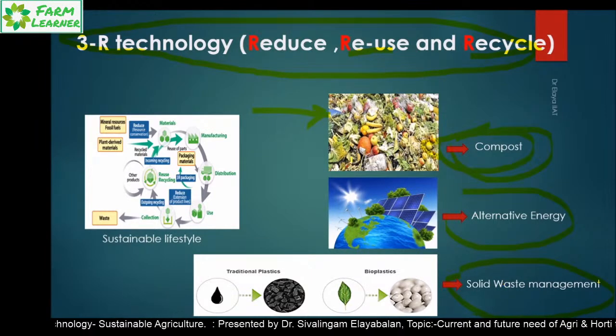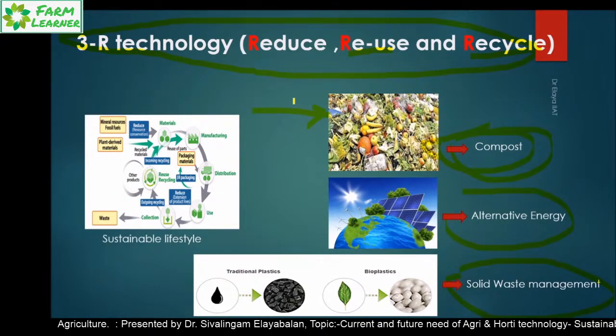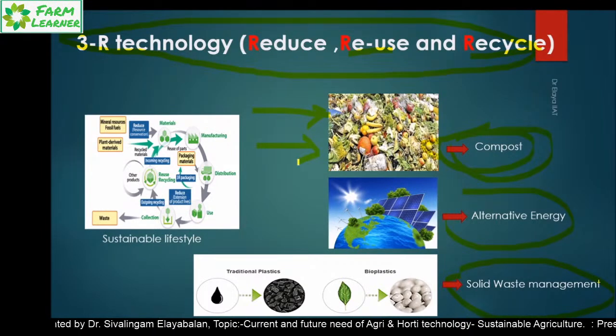Solid waste management, see the big problem, dumping waste into the soil. Soil pollution is the major problem. So every home should have composting methods to avoid the solid waste problem and soil pollution. So composting technology is the first foremost important thing for sustainable agriculture.